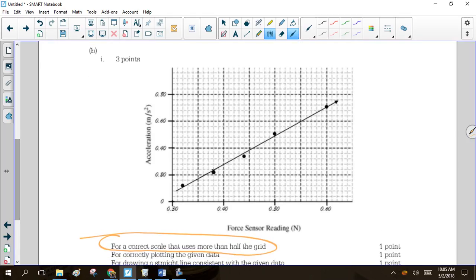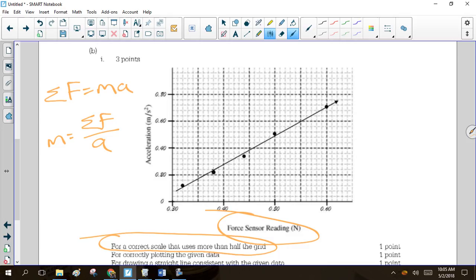Okay, so for Roman numeral 2, it says using the straight line from the graph, calculate the mass of the cart. So look, Newton's second law tells us net force is mass times acceleration, which means that mass is net force over acceleration. What's this? Is that a net force?